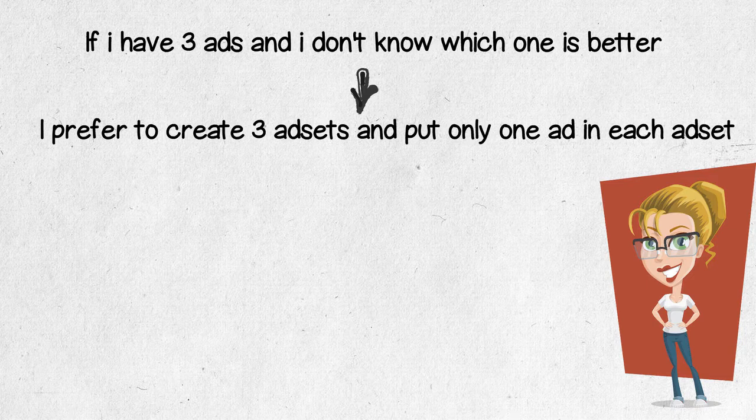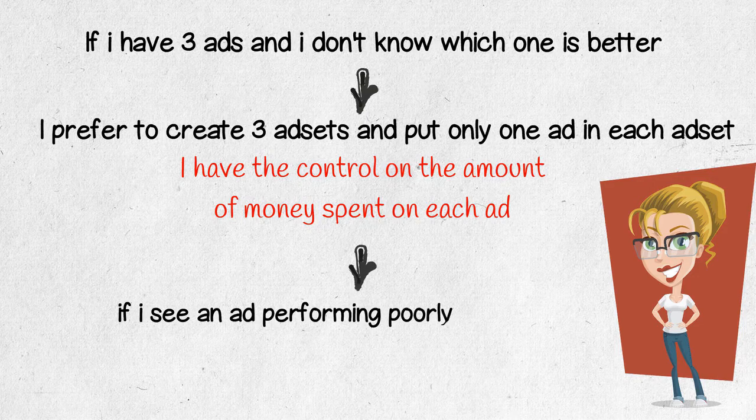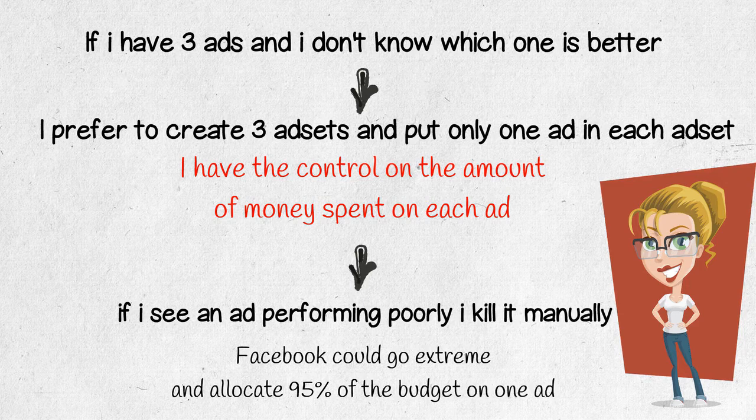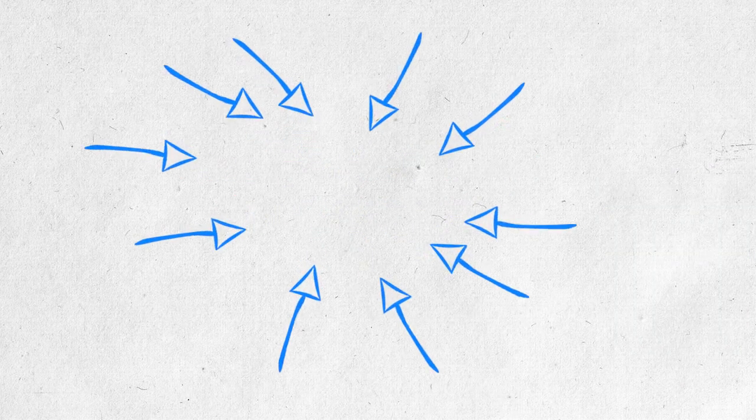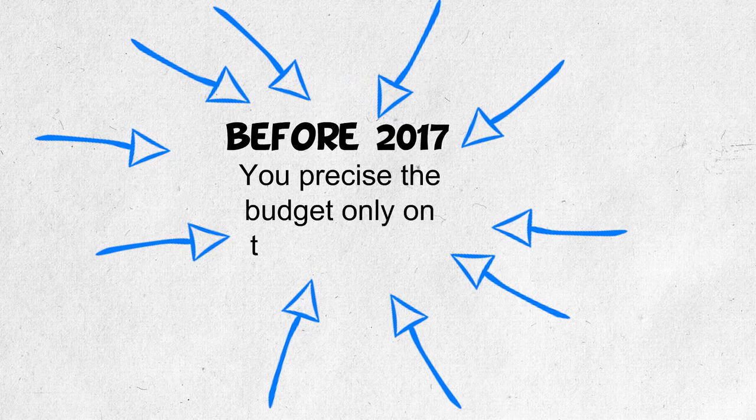This way, I have the control on the amount of money spent on each ad. And if I see an ad performing poorly, I kill it manually. Because sometimes Facebook could go extreme and allocate 95% of the budget on one ad. So you should know that before 2017, you specified the budget only on the ad set level.